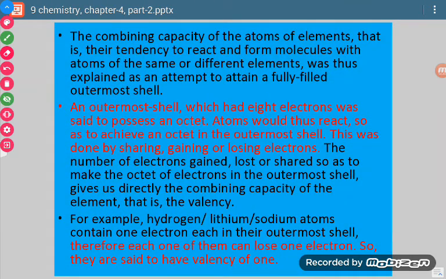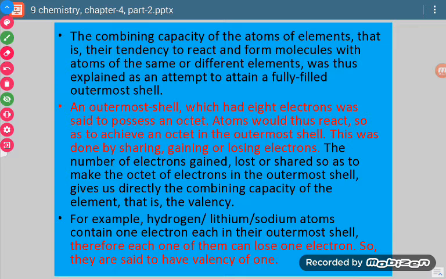Now, the combining capacity of the atoms of elements, that is, their tendency to react and form molecules with atoms of the same or different elements, was thus explained as an attempt to attain a fully filled outermost shell. Now see what is said in this paragraph.